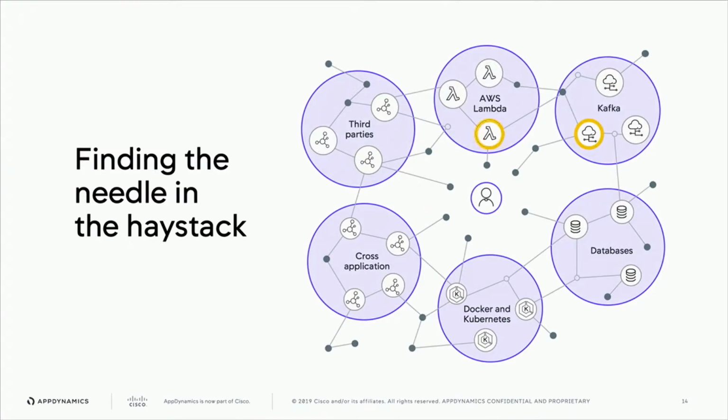So when it comes to finding the needle in the haystack, you have traditional siloed monitoring tools, looking at one technology at a time. That's what we'll be discussing and how we're different. They might work when you have a single big problem, a server going down, a database blowing up. They're going to see it, you're going to fix it. But in real life, most of the problems come from a domino effect. What if you have a slowdown in your Kafka queue impacting a downstream application?